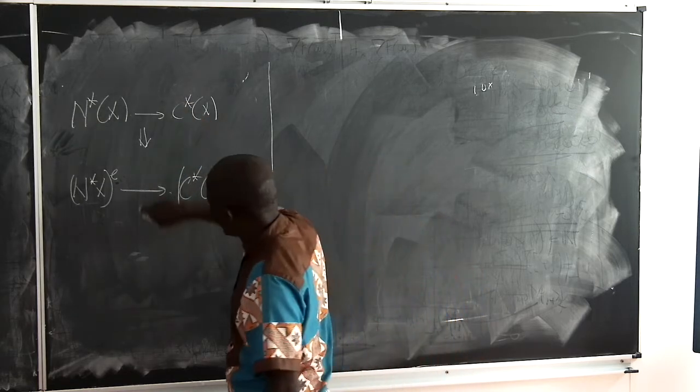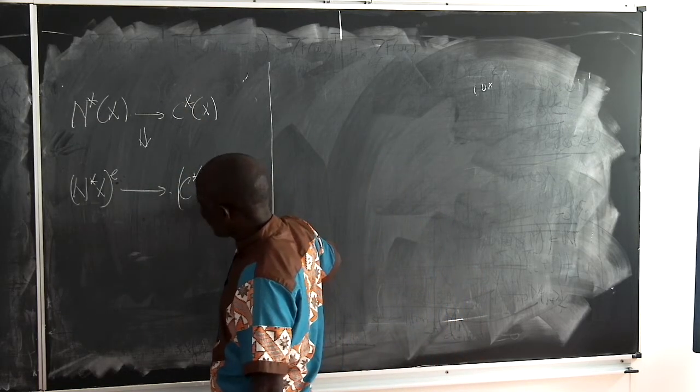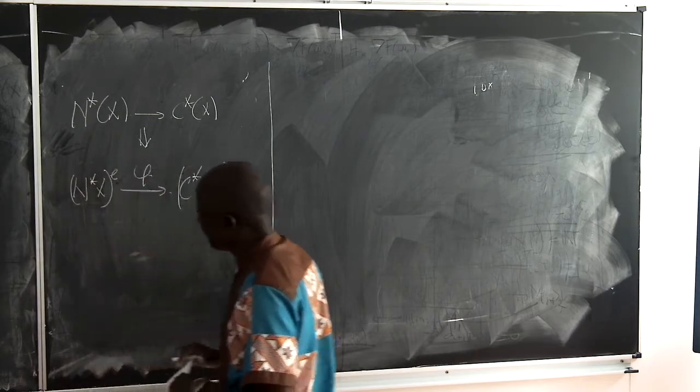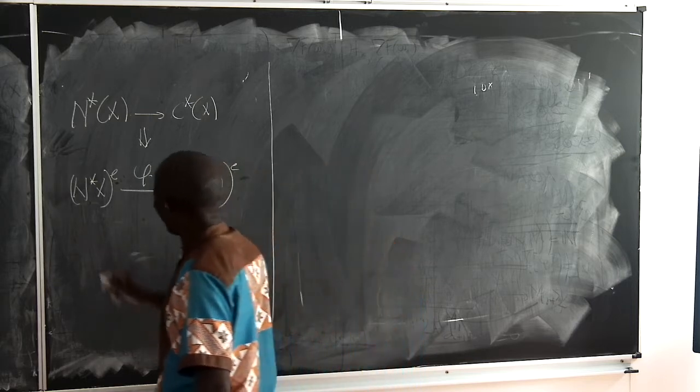So this map is transferred to this by taking the enveloping algebra. Let me call this phi. Okay. Now we have this relation.